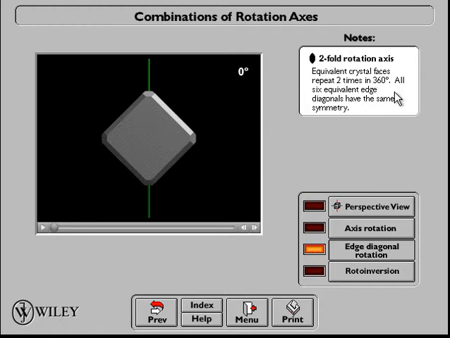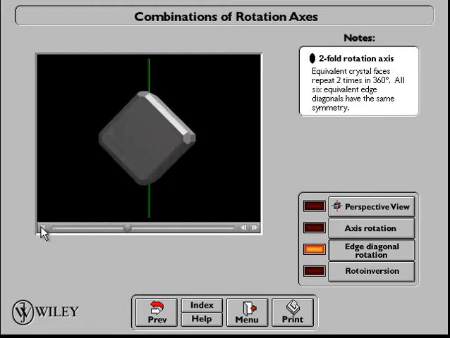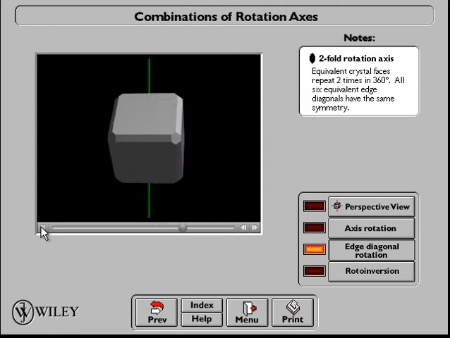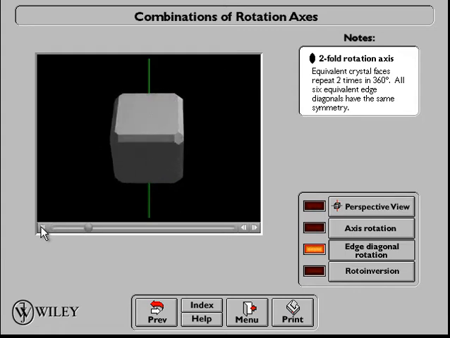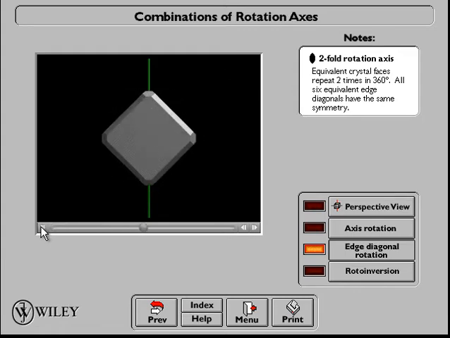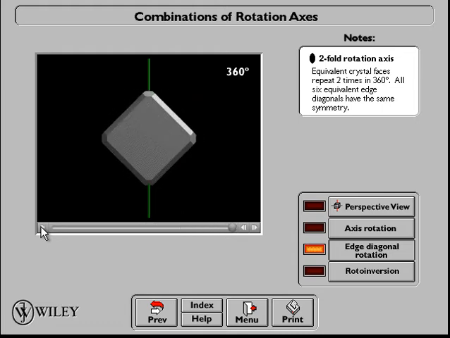All 6 equivalent edge diagonals have the same symmetry. So we have here 1 time, 2 times.